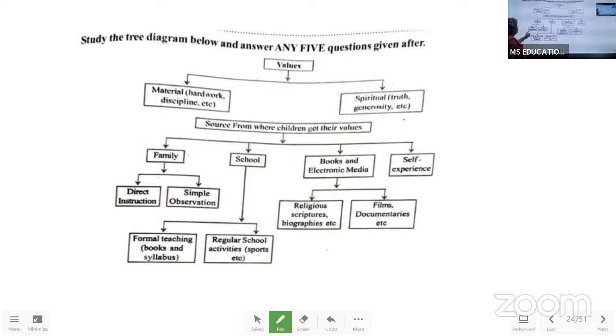Again, family, direct instruction, or simple observation. What do you mean by simple observation? Take, for example, a child when he is small is always told they must always tell the truth. At every step, the parents will be cautioning them to tell the truth. But there are times when the parents themselves do not follow what they preach.